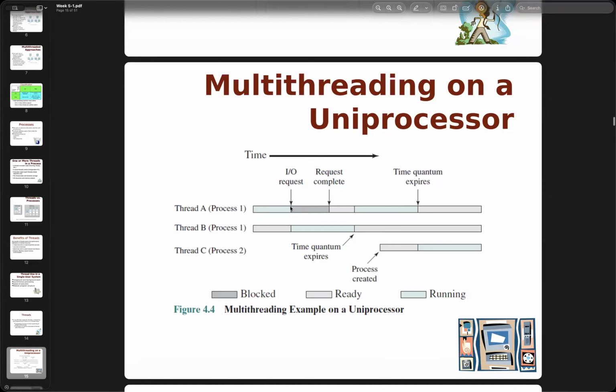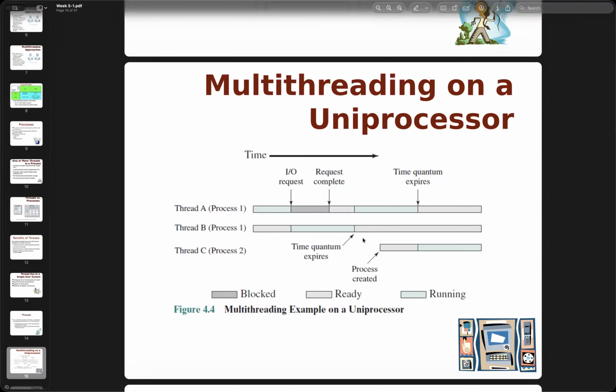Once we finish, we may have an interrupt, an I/O request and waiting for the request. Here we also have the time quantum expired, because later when we talk about scheduling, we sometimes give a time quantum to a process. Then after we finish thread A, we will switch to thread B.